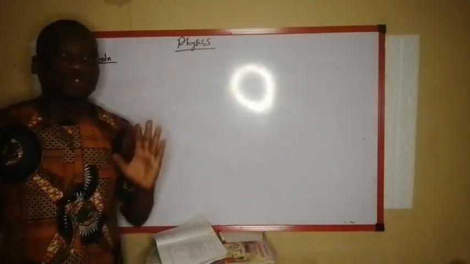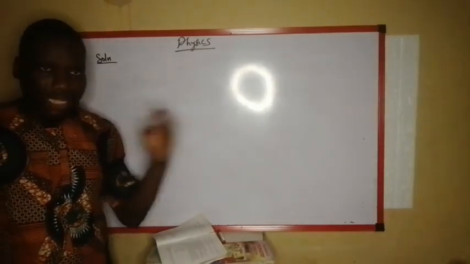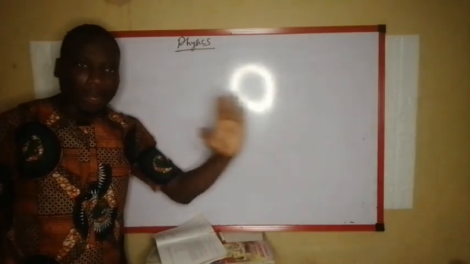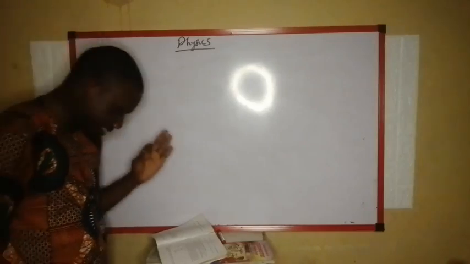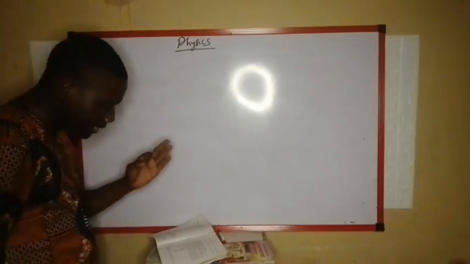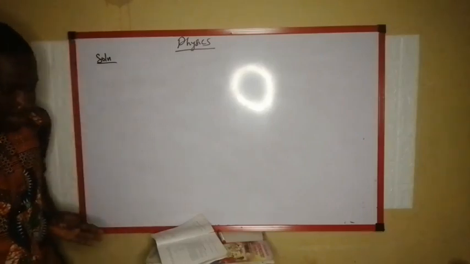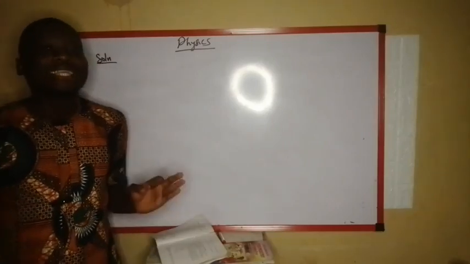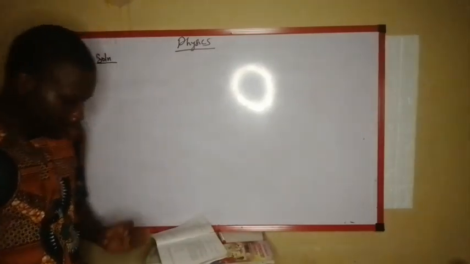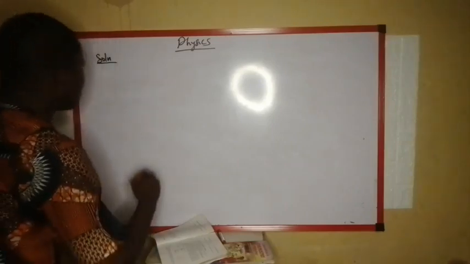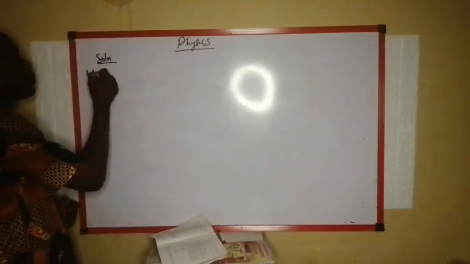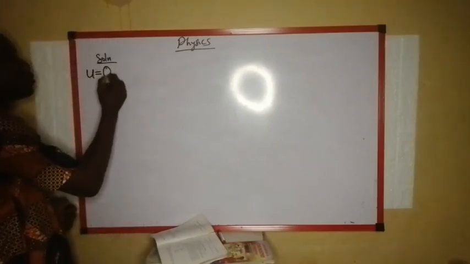As an SS1, SS2 or SS3 student, write out your parameters. What were you given? The first thing, a body accelerates uniformly from rest. Like I told you, if a body starts from rest, it implies that the initial velocity is 0. So we already have uniformly from rest, U is 0.